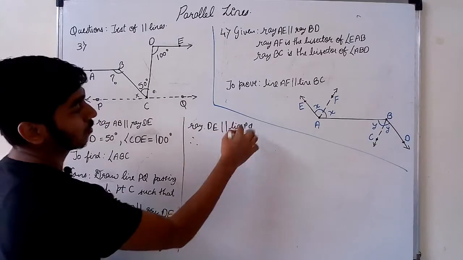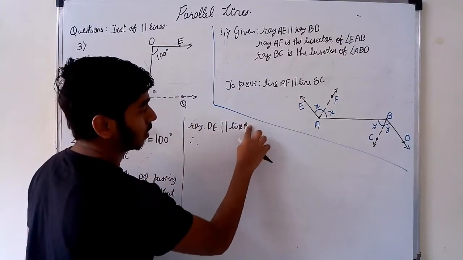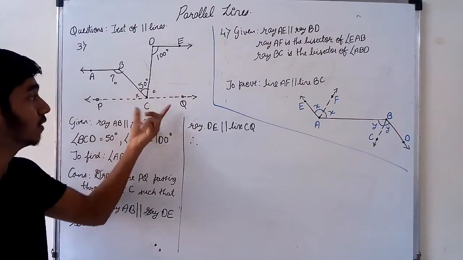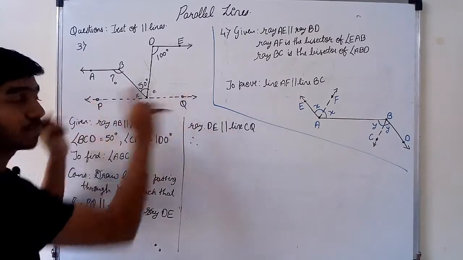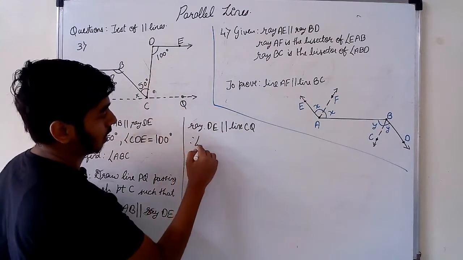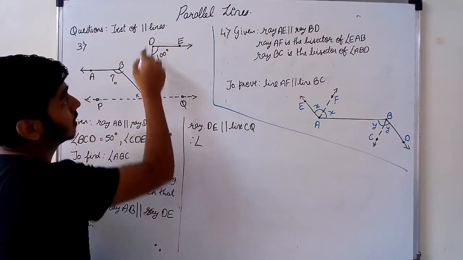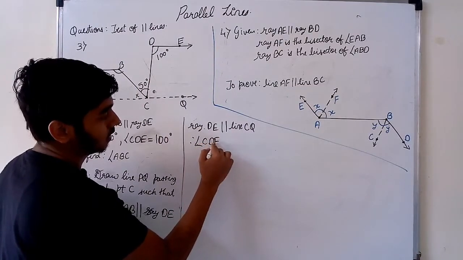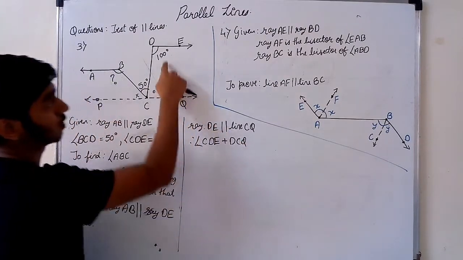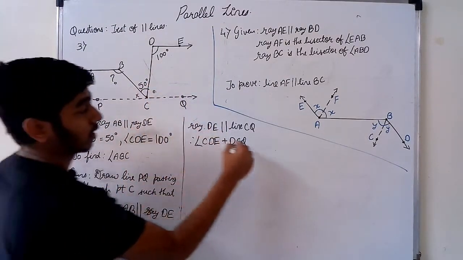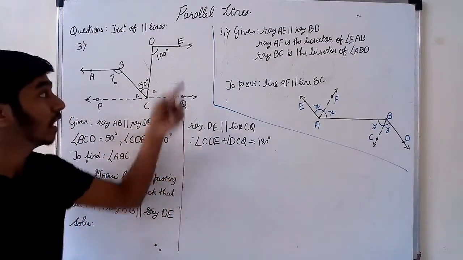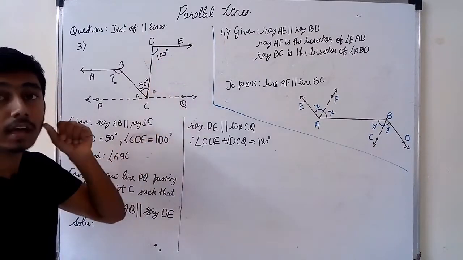Therefore, instead of PQ, write CQ. We can write CQ also, because it's the same line but a different name. Therefore we can say that angle EDC or CDE plus angle DCQ, so this angle and this angle, their sum is supplementary. What is the reason for this? Interior angles are supplementary.